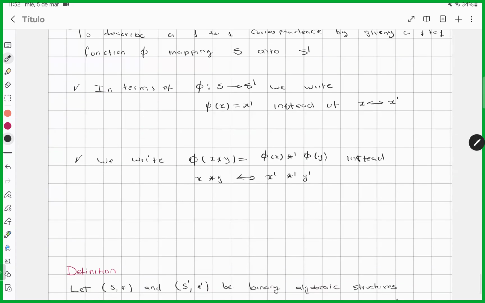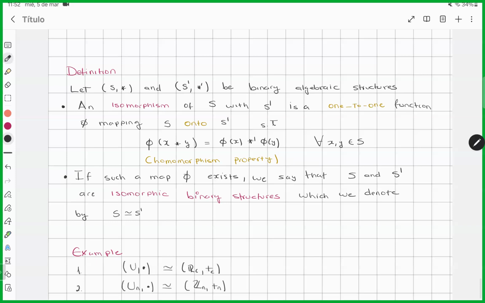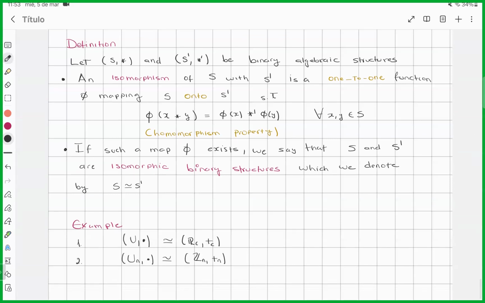So we now have a formal definition, which I have already written. Let S with asterisk and S prime with asterisk prime be binary algebraic structures.